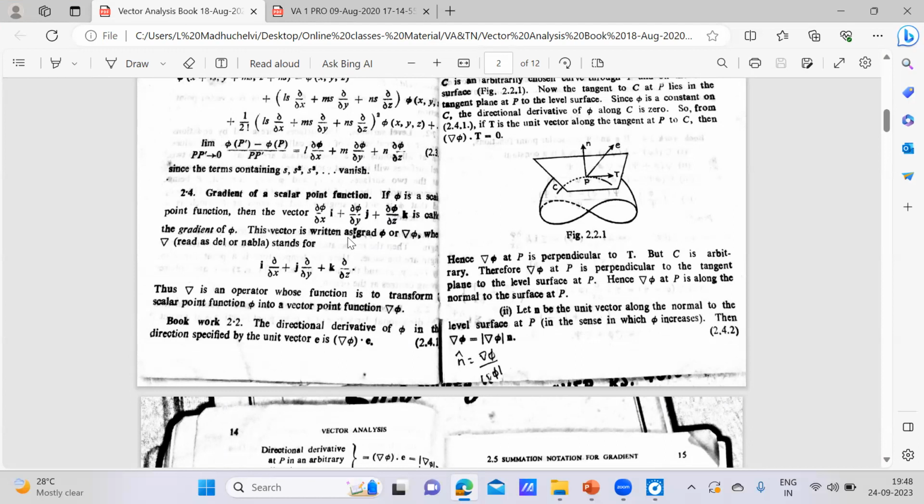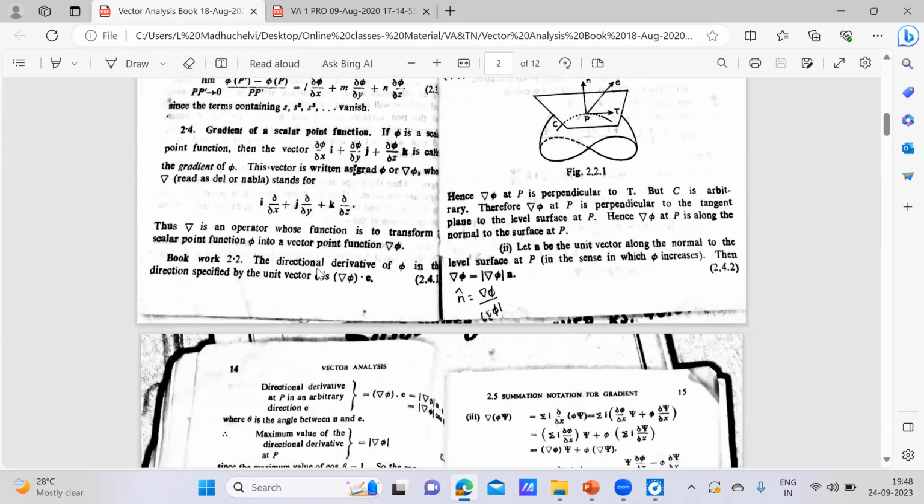This vector is written as grad phi or del phi, where del stands for i dou by dou x plus j dou by dou y plus k dou by dou z. Then the next bookwork statement is: the directional derivative of phi in the direction specified by the unit vector e is del phi dot e.